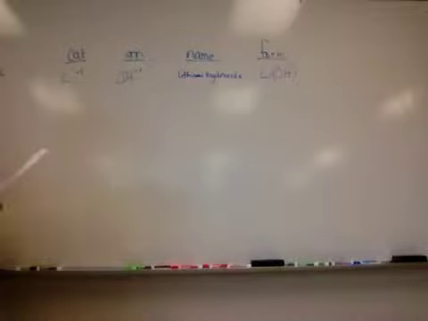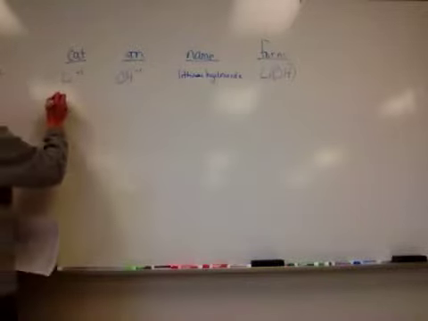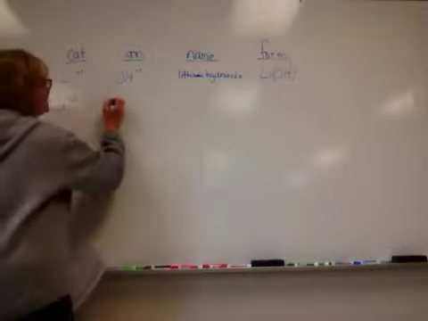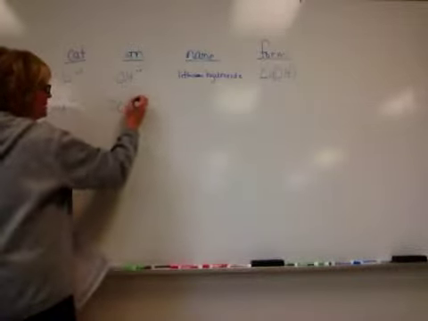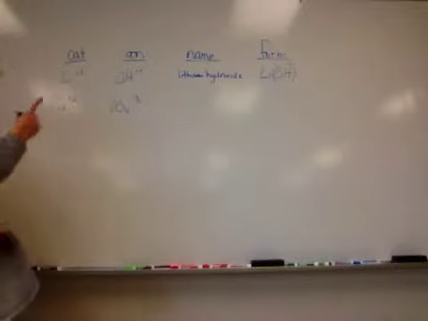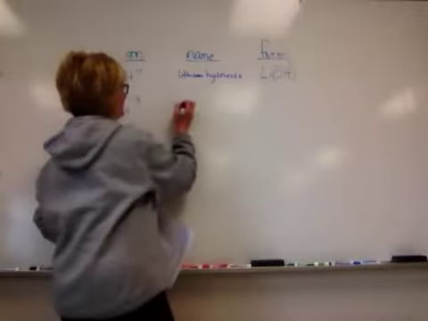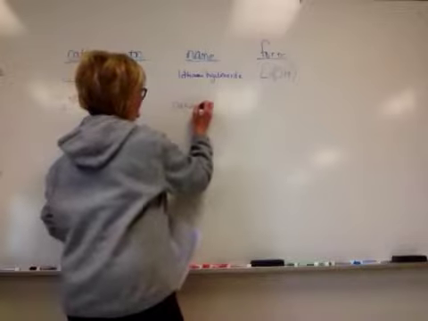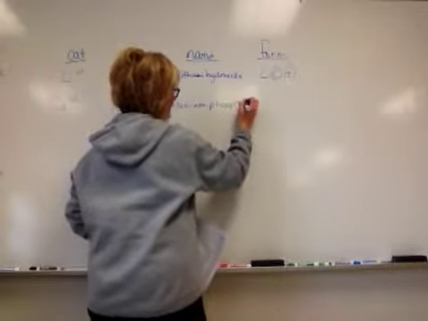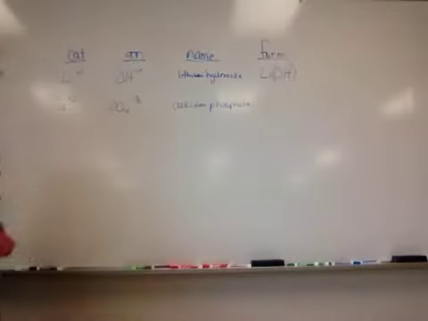Okay. Next one, I have Ca +2 and phosphate -3. So what's the first name? Calcium. Second name? Phosphate. The naming part should be easy. I name the first part, I name the second part.